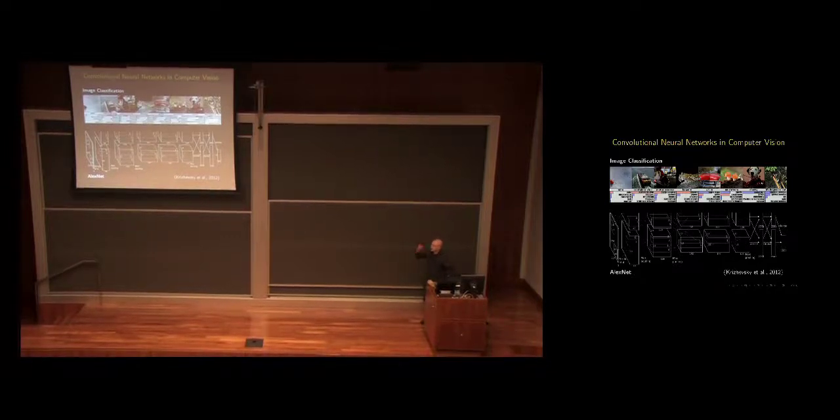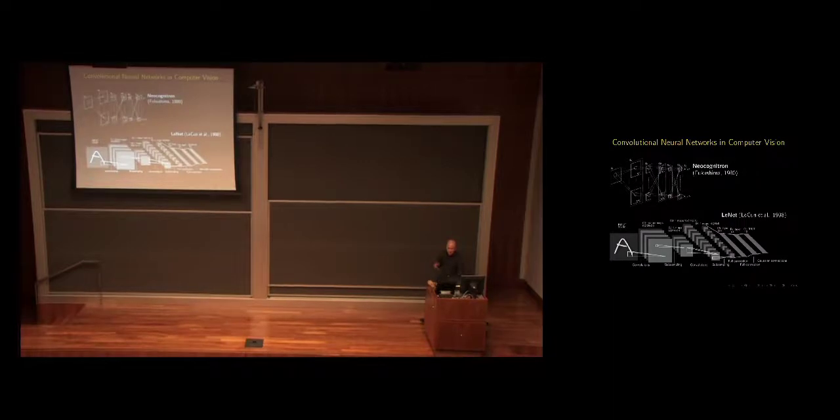Here we're showing the AlexNet design from 2012, which stacked convolutional layers for image classification. These concepts are, of course, much older. They date back to the neocognitron from the 1980s and the early success of deep neural networks on things like digit recognition.